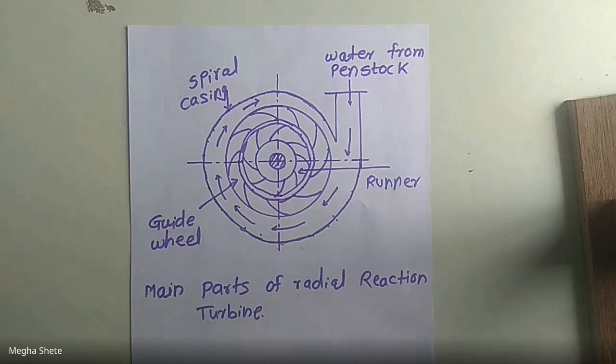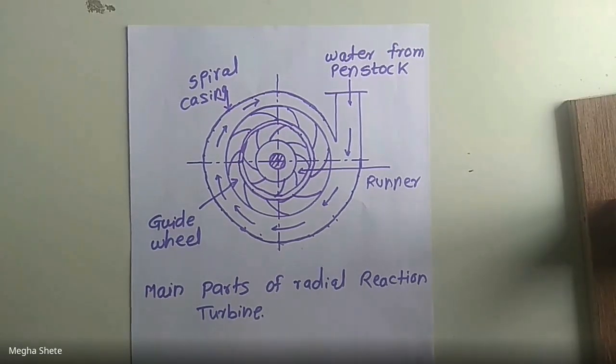The surfaces of the vanes are made very smooth. The radial curved vanes are so shaped that the water enters and leaves the runner without shock. The runners are made up of cast steel, cast iron or stainless steel. They are keyed to the shaft.